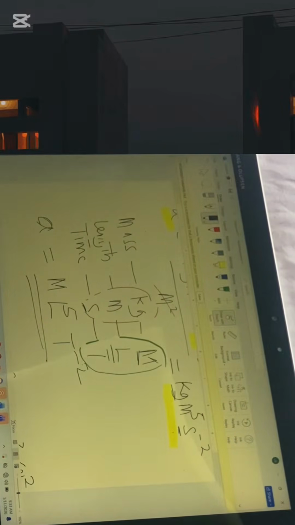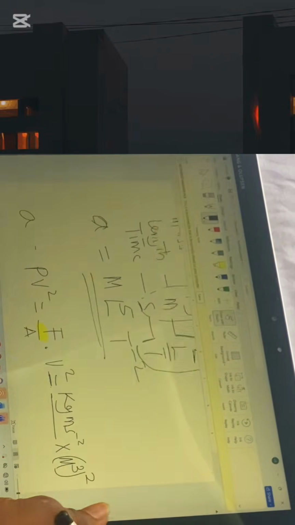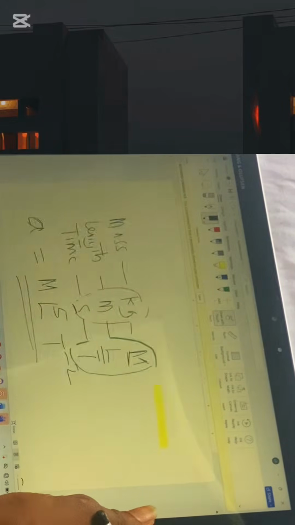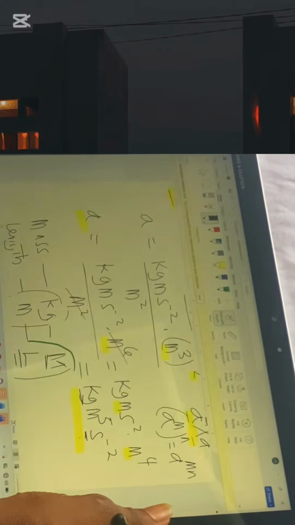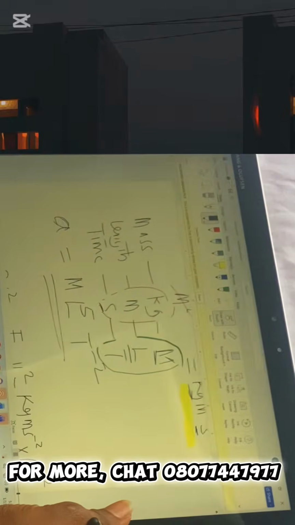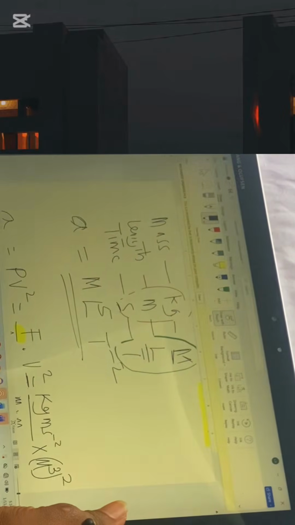But remember, we are not only asked to find A, the constant A, we are also asked to find the constant B. So how do we find the constant B? Remember, we compared the general gas equation to the given equation.